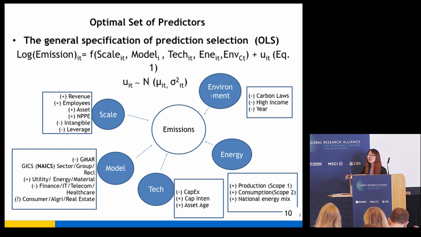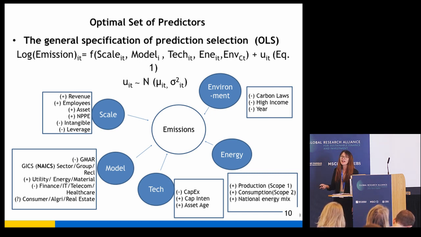Because our model looks at firms globally, we also want to factor in the environment that the company is operating in. We assume that if they operate in an environment where there is a carbon law or carbon pricing, they will probably make decisions to reduce carbon emission, like the other paper that was just discussed.